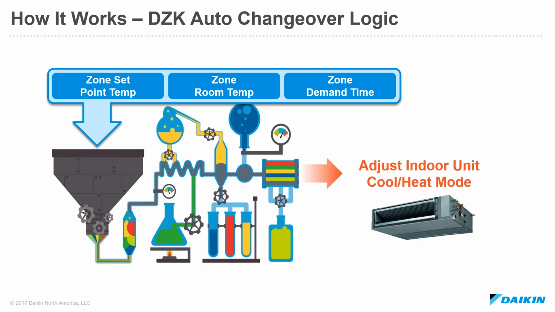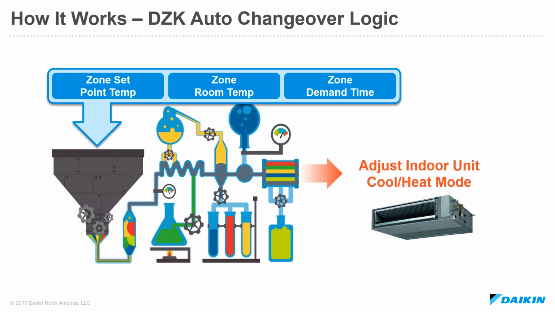So just keep in mind when you're applying a DZK, it's really no different than applying a heat pump VRV with respect to how you choose to zone out the spaces that are served by the DZK. Even though you're giving this zone level control, you can't do simultaneous cooling and heating. So it's still important, especially in commercial settings, to make sure that the spaces served by the DZK have similar enough load profiles.